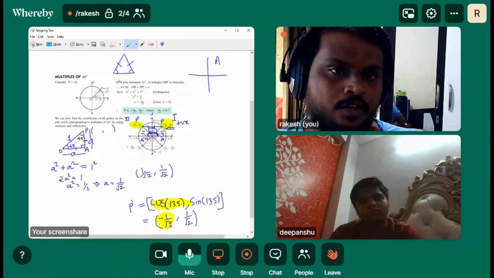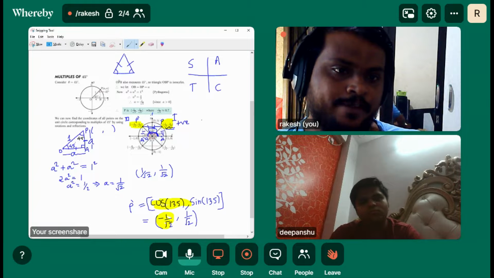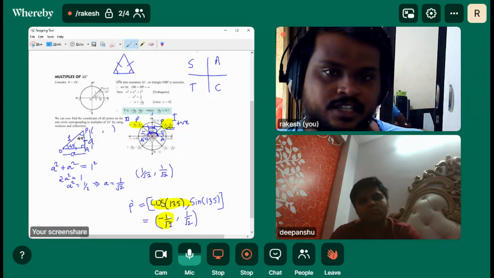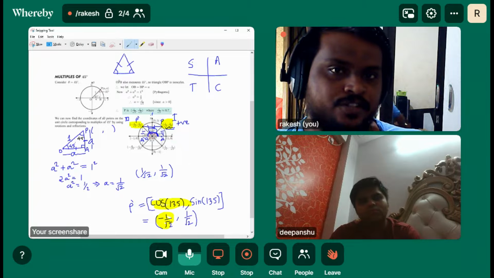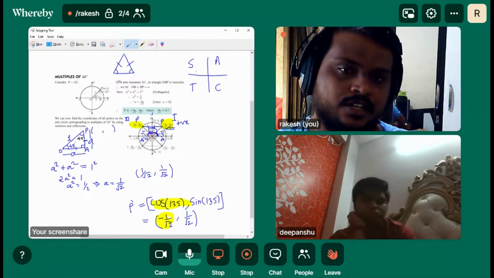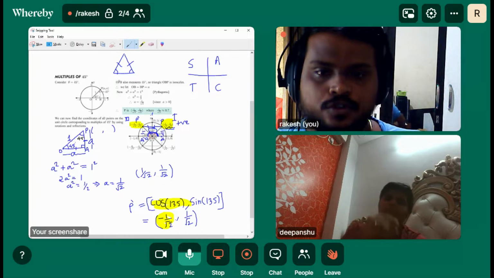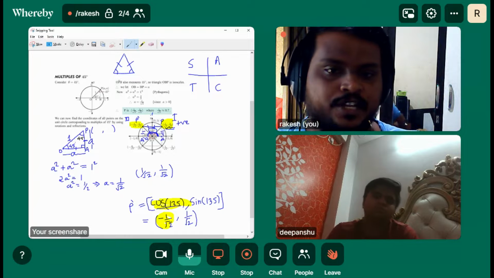Here all are positive. Here sine is positive. Here tan is positive. Here cos is positive. Other than these, all trigonometric ratios are negative, along with their reciprocals. So cos 135 is going to be negative, sine 135 is going to be positive.